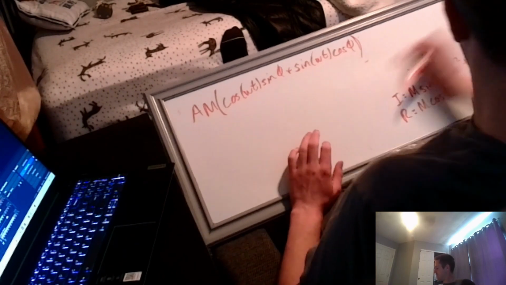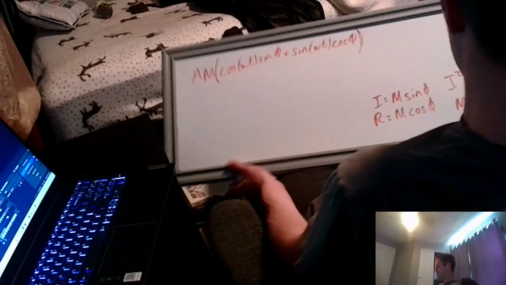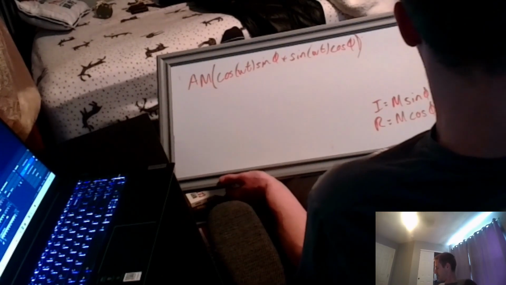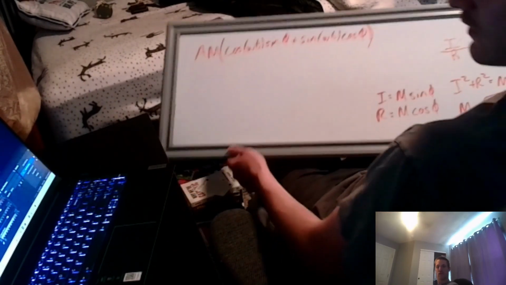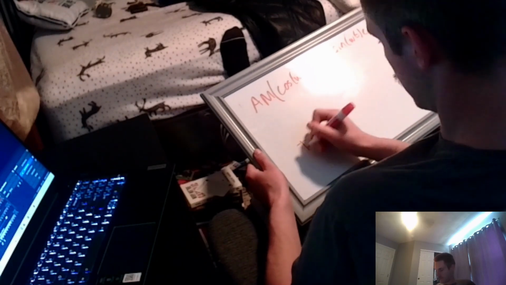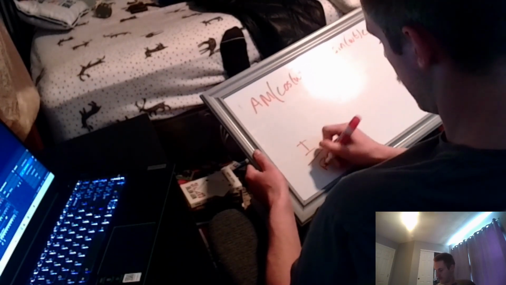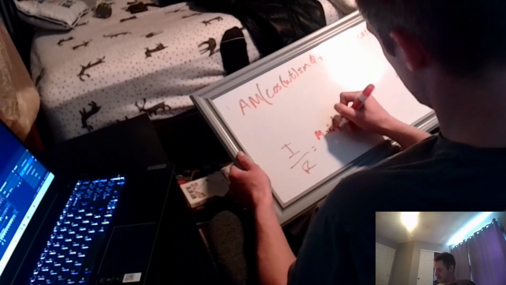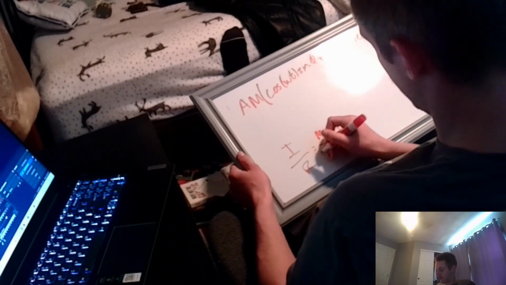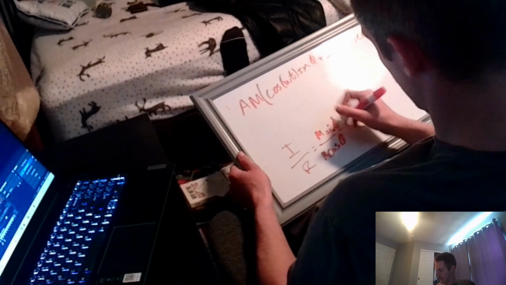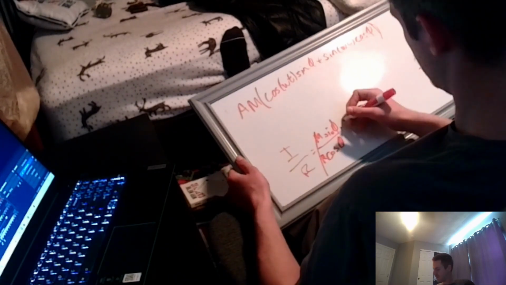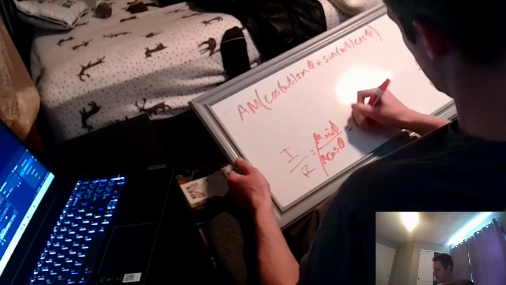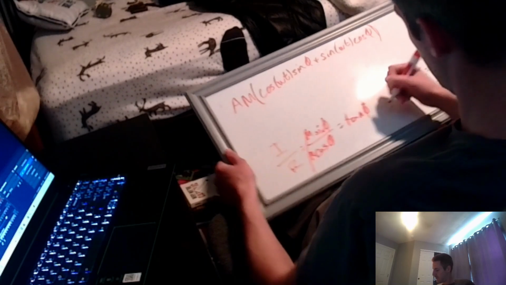Right, now I can reset. So if we take I over r, let me get a better spot. We'll just do it in the corner here. I over r equals m sine theta over m cosine theta. M's cancel out. Sine over cosine equals tangent of phi.